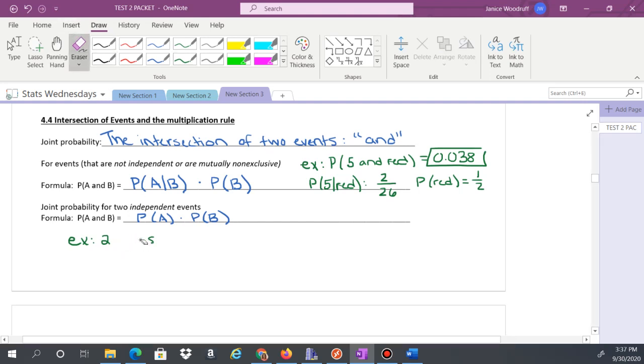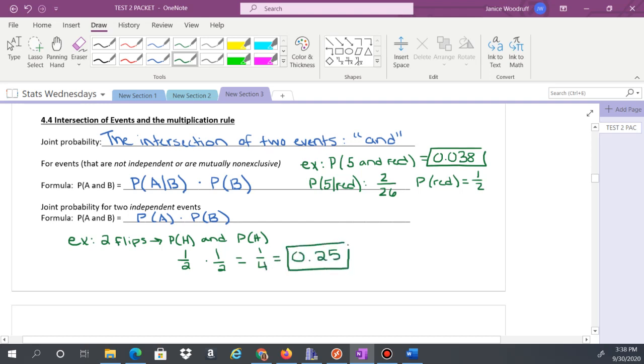Keep going back to cards here. So the probability of heads and heads. The probability of heads is 1/2. The probability of heads is 1/2. That's going to give you 1/4, 0.25. So you don't have to worry about that because they're two separate events that do not affect each other.